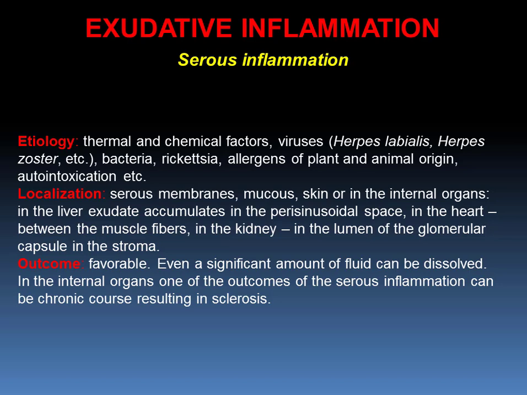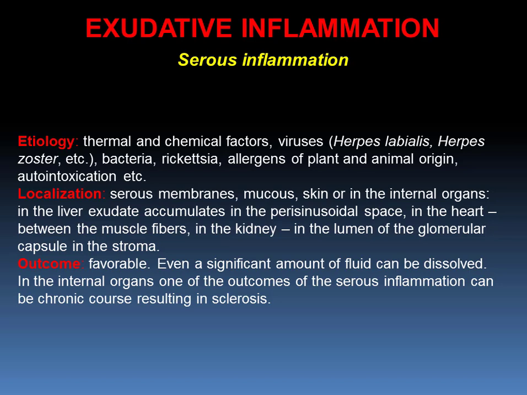Most often it is located in serous or mucous membranes, skin, or sometimes in internal organs: in the liver between sinusoids in the perisinusoidal space, in the heart between muscle fibers, in the lumen of the glomerular capsule in the kidney, accumulating in stroma too. Morphologically, serous exudate is a slightly hazy, opalescent, yellowish fluid.